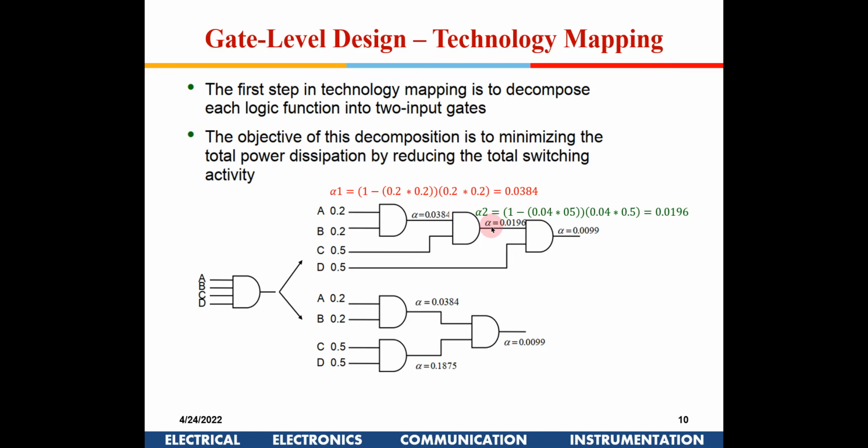Now let's calculate the activity at this node. At this gate, it is 0.5, and the probability of this being 1 is 0.2 into 0.2, that is 0.04. This is the probability of this node being 1.